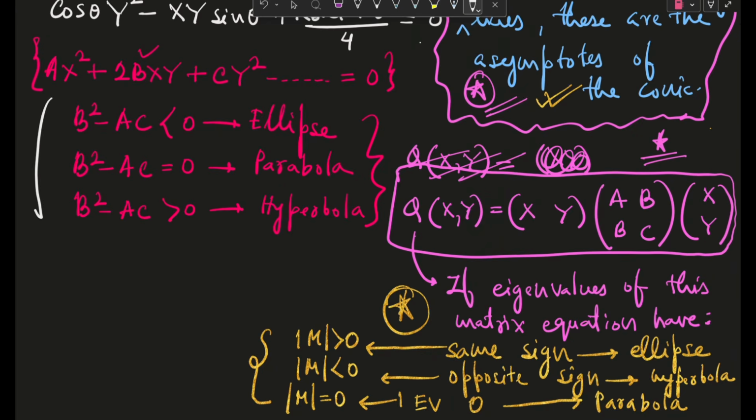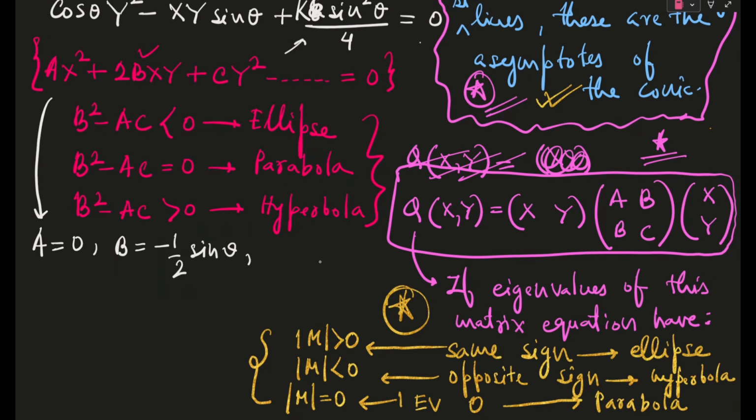the coefficients. So capital A is equal to 0 because there is no capital X square in our equation here. Capital B here is minus half sine theta, and your capital C is cosine theta. If we calculate the discriminant, directly calculate your B square minus AC.